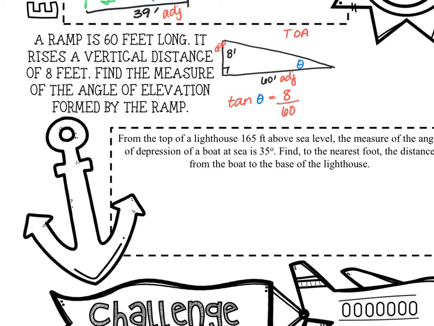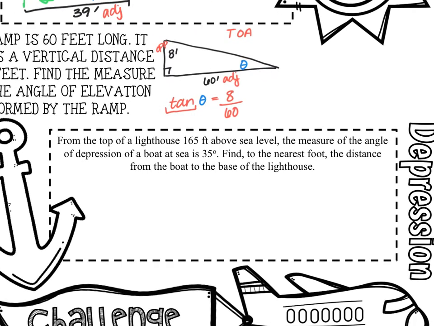If I'm solving for an angle measure, I need to get rid of this tan part, which means I need to do the inverse operation. On your calculator, you'll have to hit the second button or the shift button to get that little -1 next to the tan, and your input is the ratio of 8 over 60.